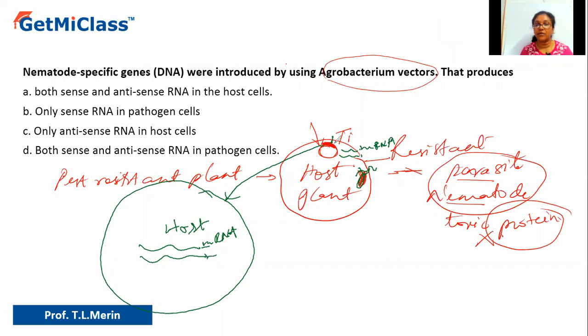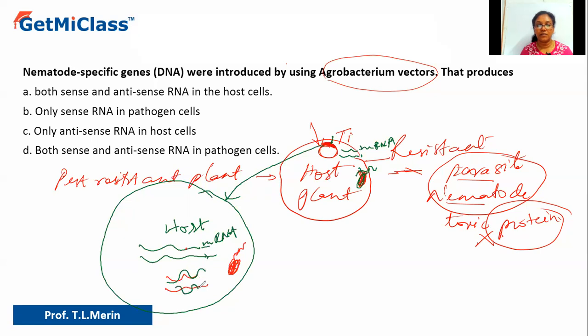Now you have the nematode here, for example, and it has produced its RNA for that particular protein. Of course, this also has its own double-stranded DNA, so it will also produce sense and antisense RNA. What will happen? The complementary mRNA from the vector we have introduced inside the host will combine with the complementary mRNA of the nematode.